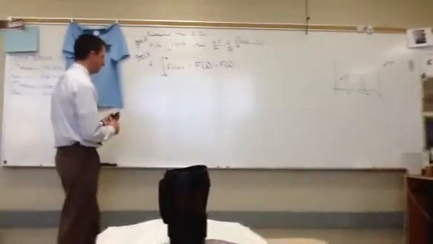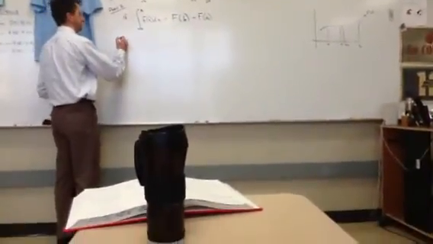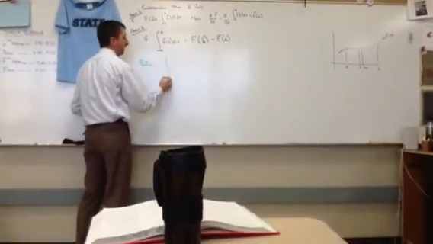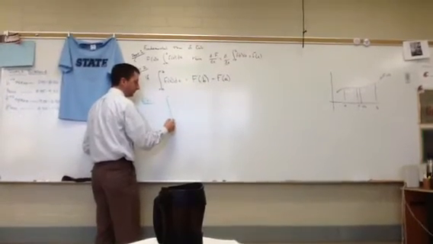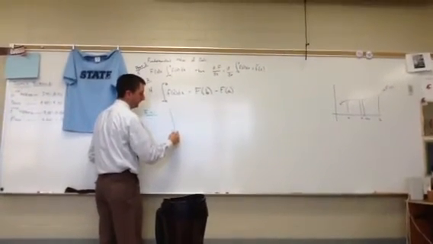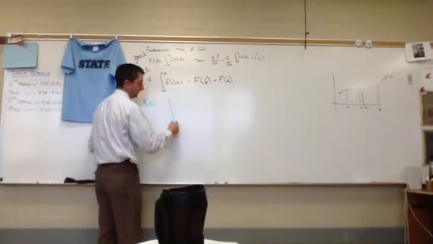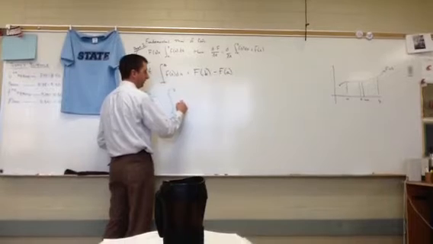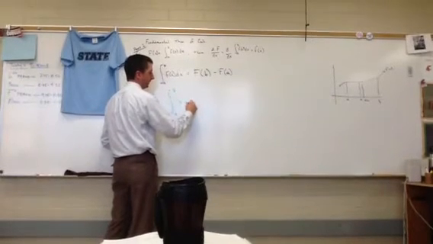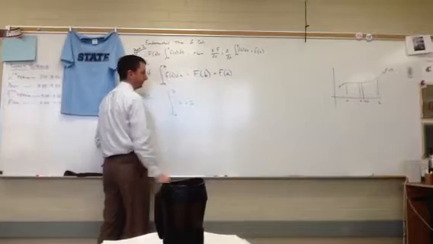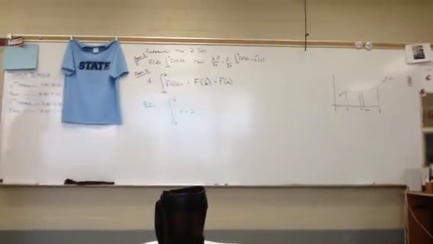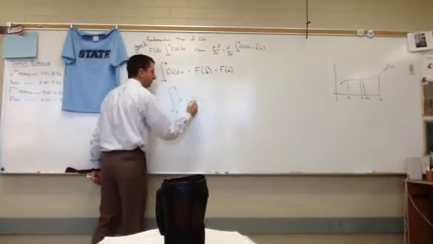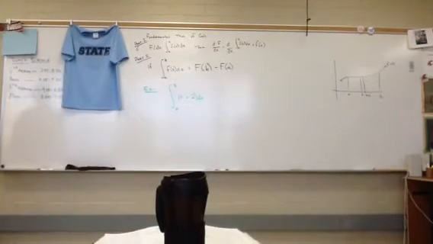Let's just do this. If I asked you to find the integral from 0 to 3 of x plus 2 dx, this fits the old ones that we did before, right?